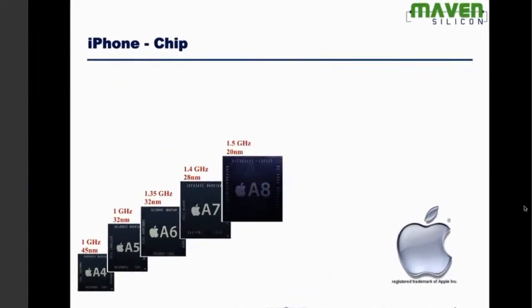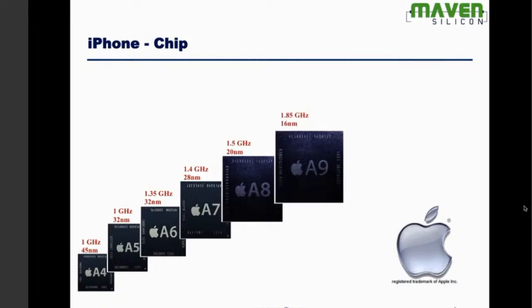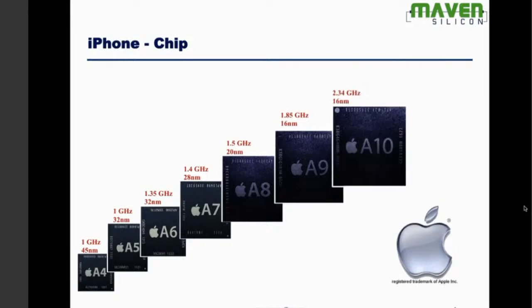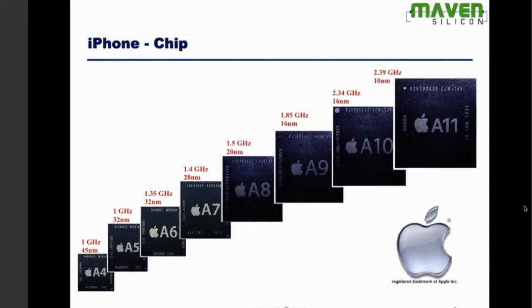A7, 28 nanometer. A8, 20 nanometer. A9, 16 nanometer. Look at the frequency. Now it's more, 1.85. A10, 16 nanometer, and the frequency is 2.34. Now look at this A11, 10 nanometer, and the frequency is 2.39 gigahertz.